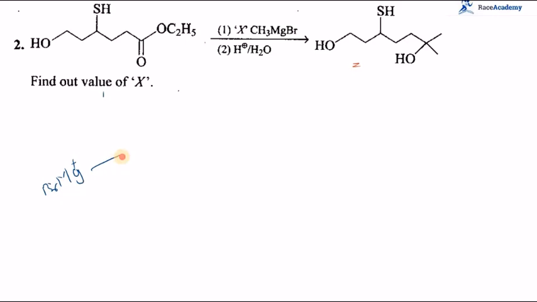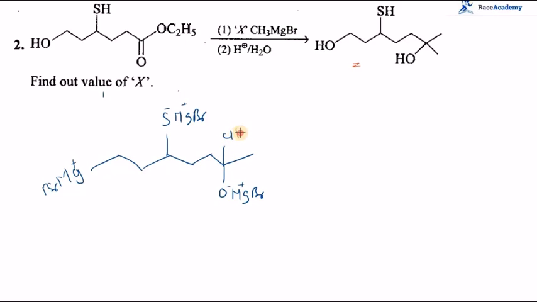CH3MgBr we have taken. Now we can clearly write S minus MgBr here, and here we get OMgBr, with Mg plus and O minus.